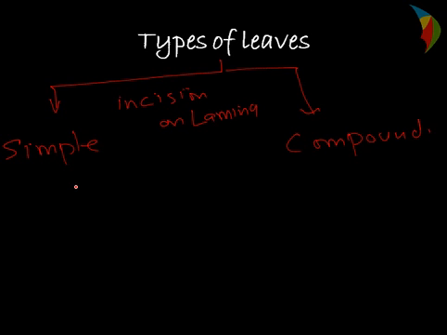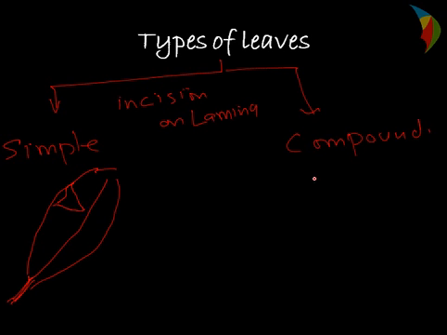Now in the case of simple leaves, the lamina is entire, and if incised, it doesn't reach the midrib. The lamina is complete, and in case it is incised, it doesn't reach the midrib portion. It is on the topmost portion only.